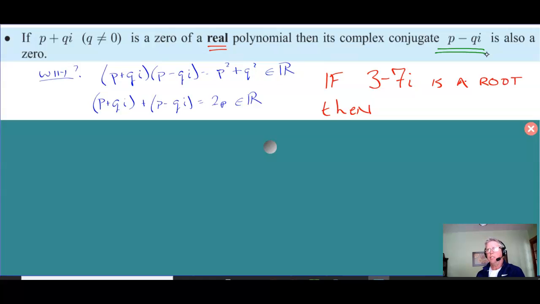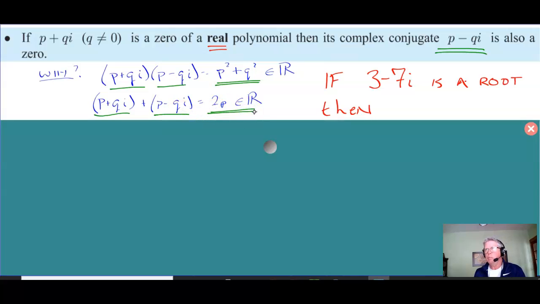All right. So when you line up all these linear factors, and you have x minus the quantity p plus qi and x minus the quantity p minus qi, when you multiply those together and add them, remember that when you multiply this times this, you get a real number, and when you add them, you also get a real number.